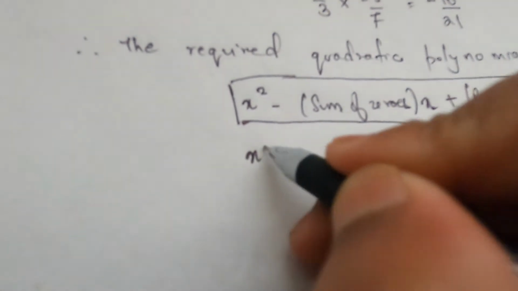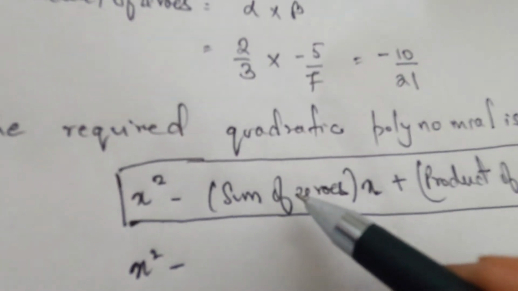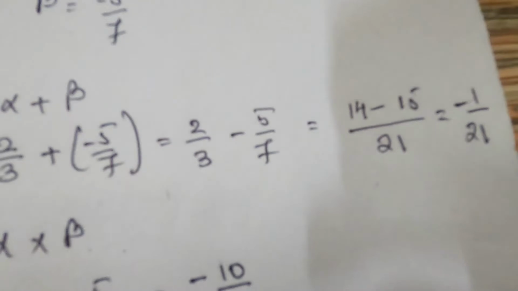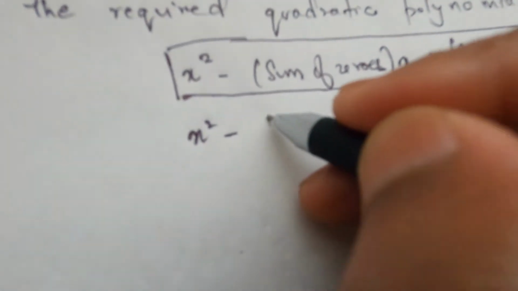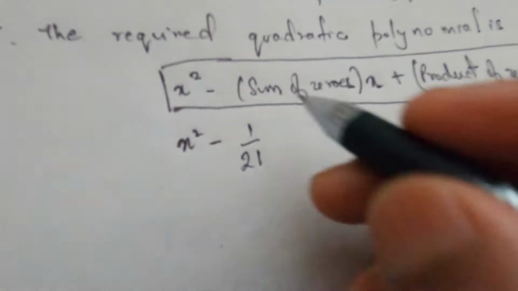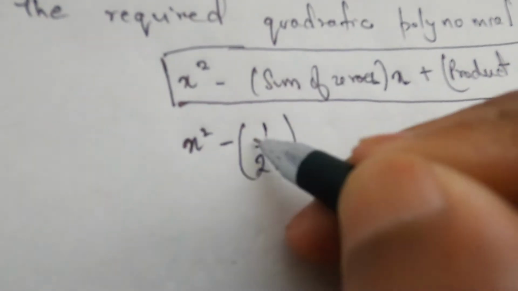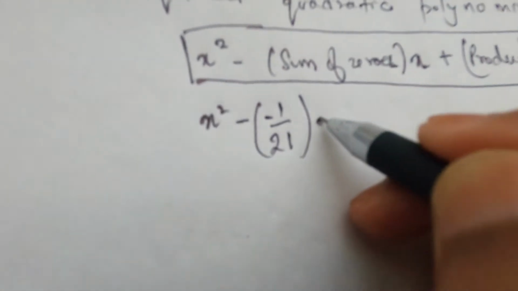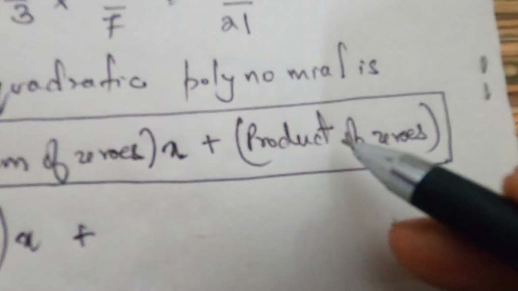So here it will be x square minus sum of zeros. Sum of zeros in this case, how much are we getting? Minus 1 by 21. So here it will be minus of minus 1 by 21, and here remember to write x plus product of zeros.